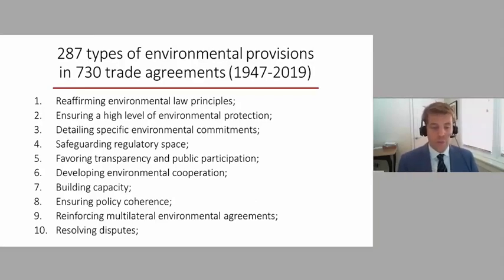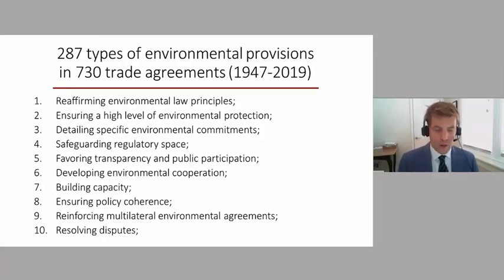Then there's a seventh category on capacity building, and that includes things like tech transfer, financial assistance, mainly targeting developing countries, but not always. The eighth category is ensuring policy coherence, not only between trade and environment, but also between the environment and gender, or indigenous issues, or urban planning, agriculture, health, and so on.